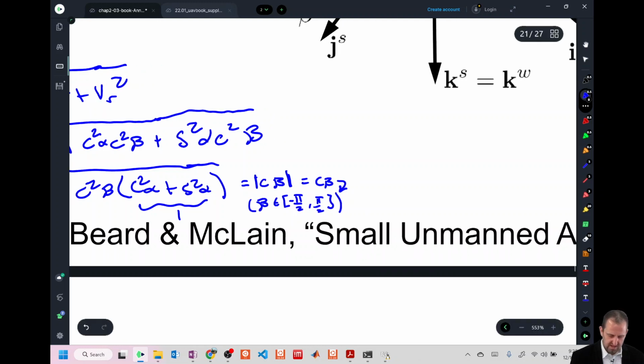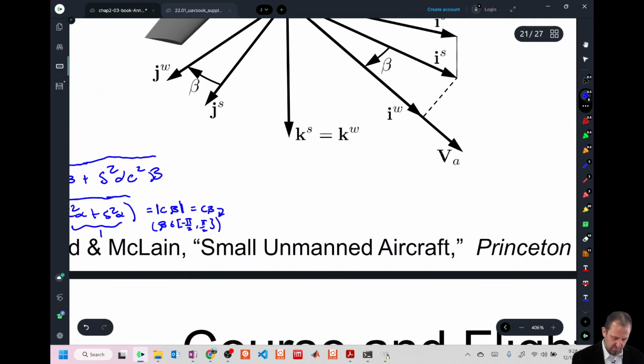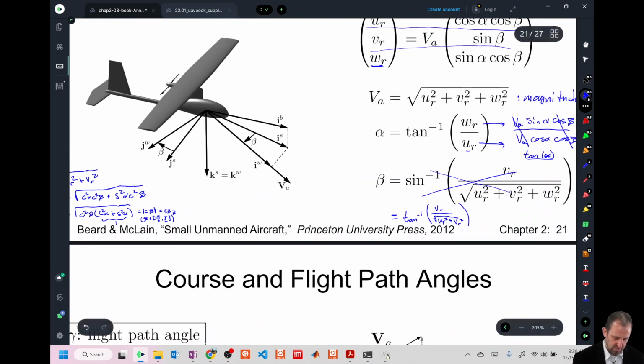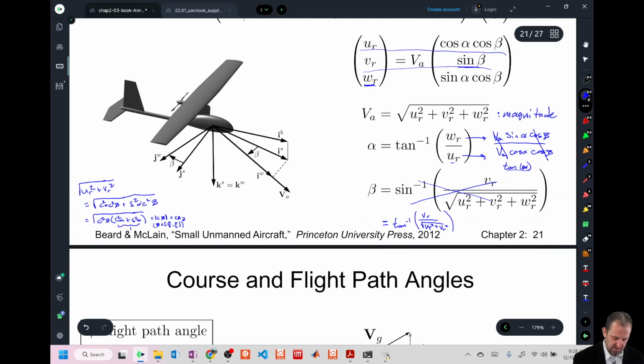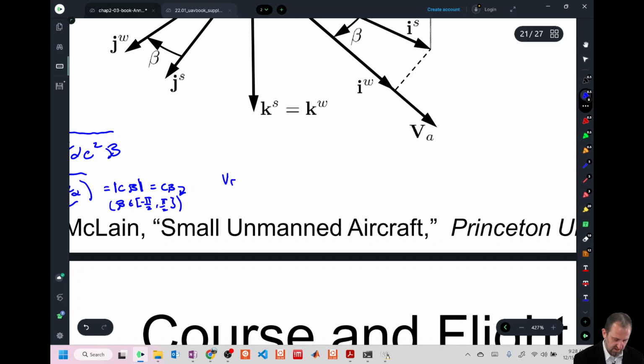Okay, so then if we look back at our equation here, we have V_R over that value. So coming back up, V_R, we'll just have a sine beta. So V_R over cosine beta is just going to be equal to the sine of beta over cosine beta, and again, we do actually have V_A's, and this is the point where they cancel out, which is equal to the tangent of beta.